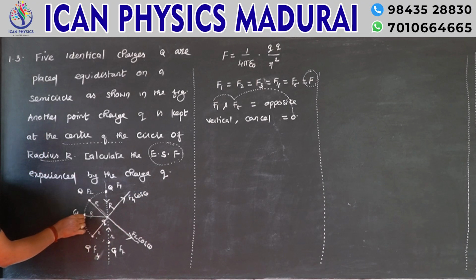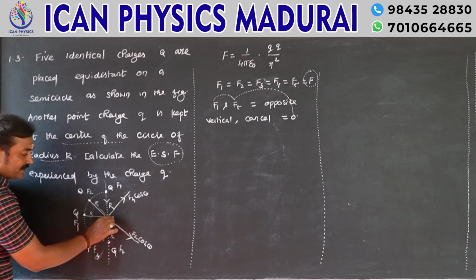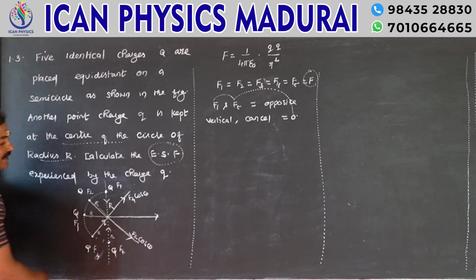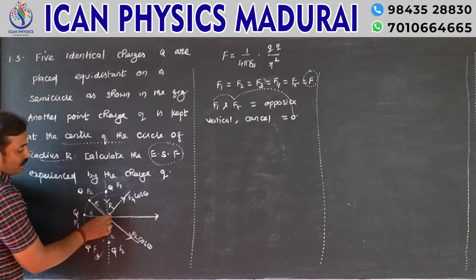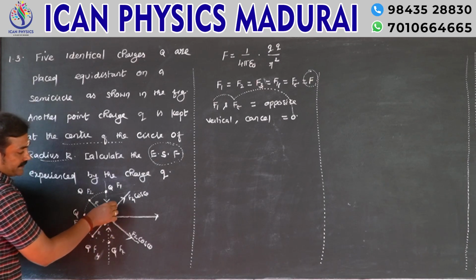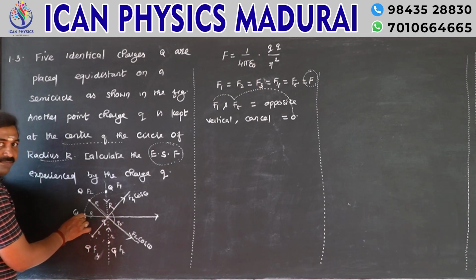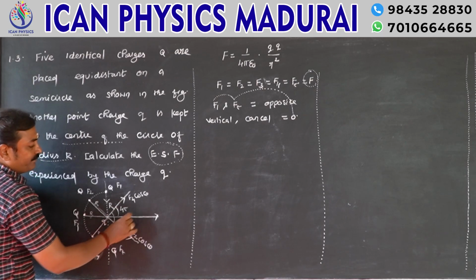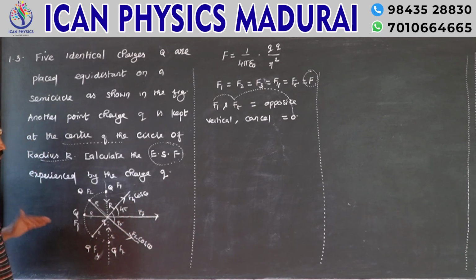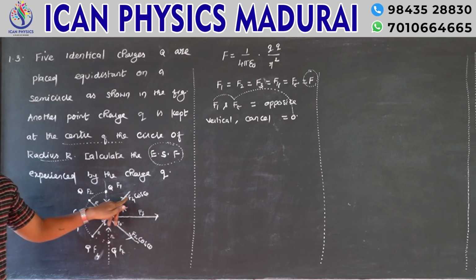Now F3 is the force experienced by q at the center. So the resultant force is acting along the diagonal. These two forces F4 and F2 make an angle of 90. So F3 is a force acting at an angle of 45, along with these two forces.